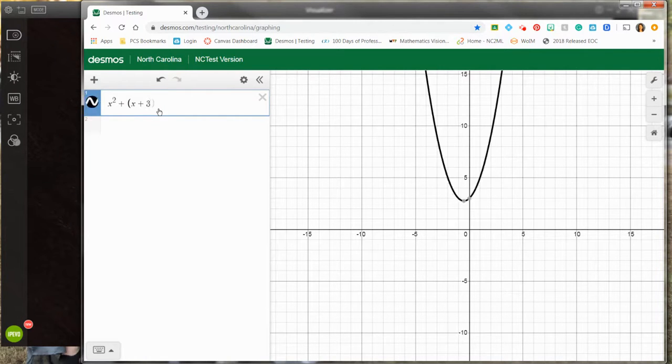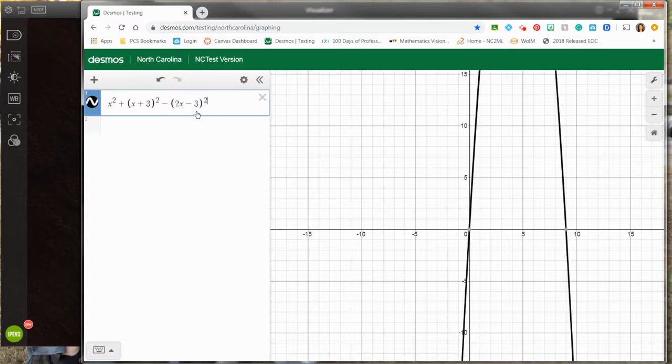X plus 3 squared minus 2x minus 3 squared. And I know that this equation looks weird, but the alternative is doing the box method twice and simplifying. And if I have access to Desmos, I ain't got time for that.